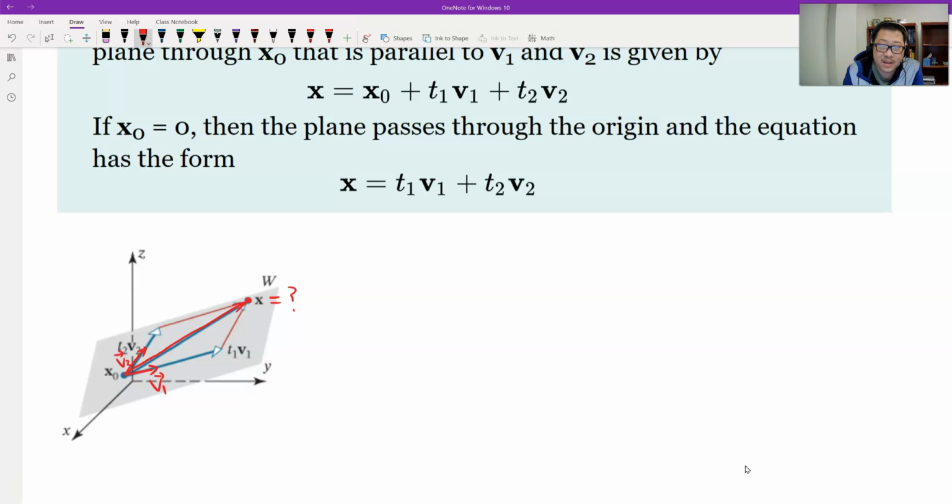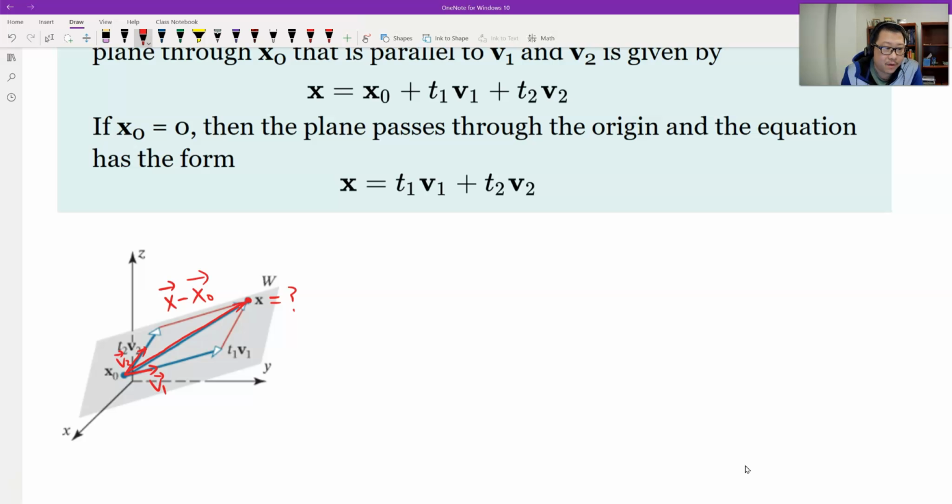The diagonal is exactly from the point x0 to x, right? So we get it by the definition of the difference of two vectors. The diagonal should be x minus x0. Remember, the diagonal should be the sum of another two vectors, right?